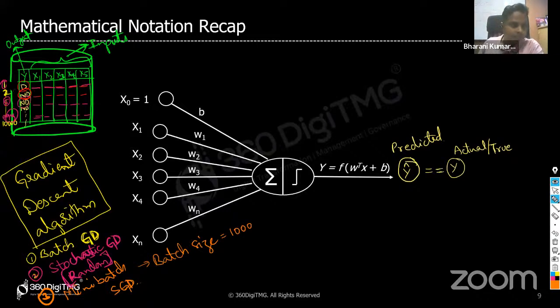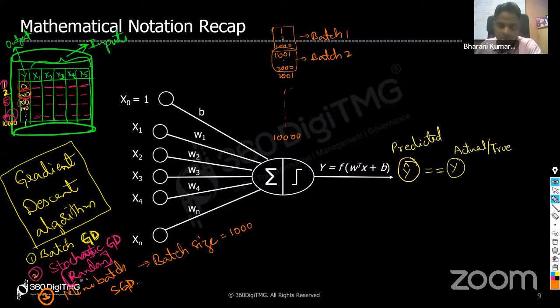So all of your 10,000 observations would be divided into 10 different batches. 1 to 1,000 will be one batch. Then 1,001 until 2,000 would be the second batch.